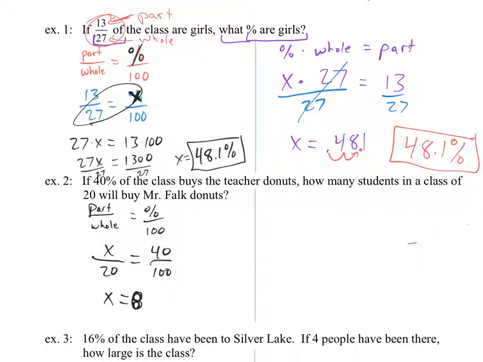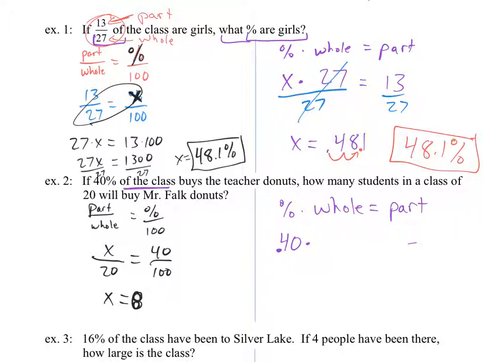All right, if we go down to the next one, I'm going to say the percent times the whole equals the part. 40%, that goes in my percent, but do I write a 40 there? Nice. I have to change it to a decimal, so 0.4 times the class is what we're trying to find.